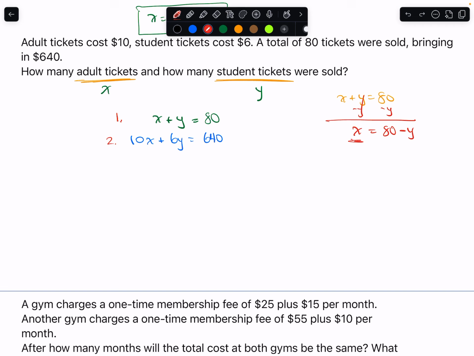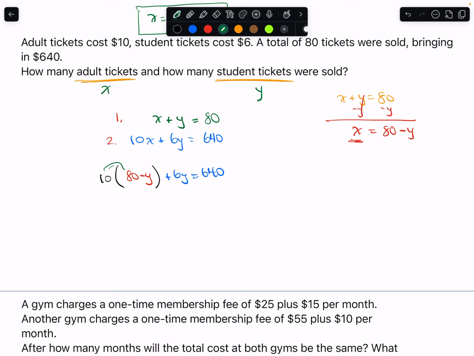So let's try that out. 10, and I plug in our 80 minus y, plus 6y equals 640.